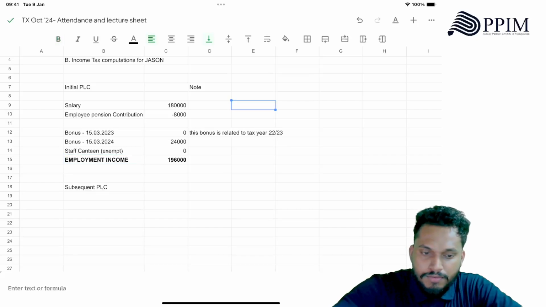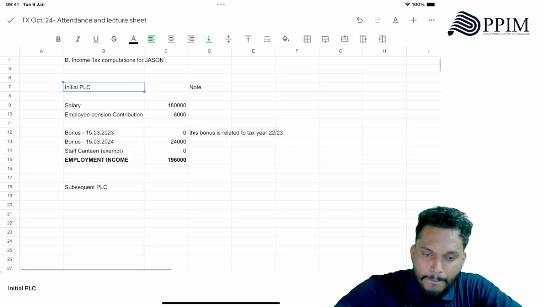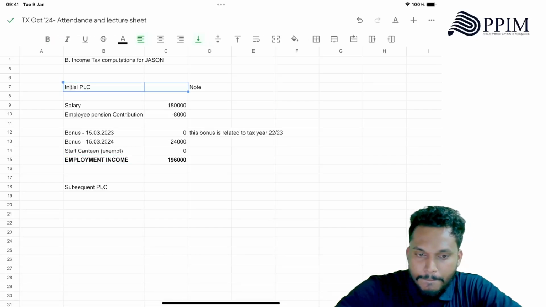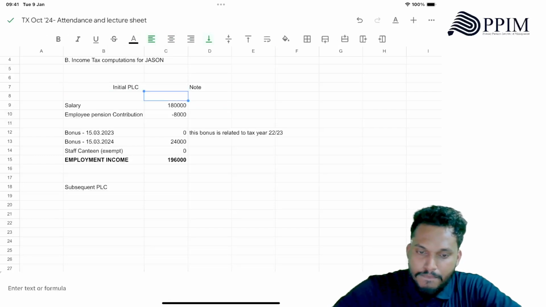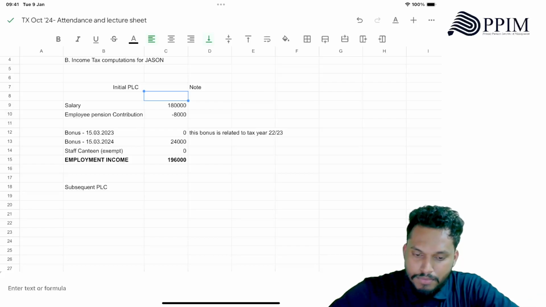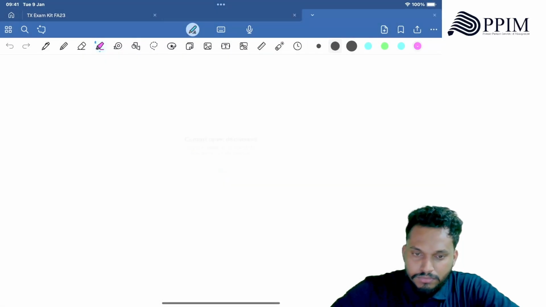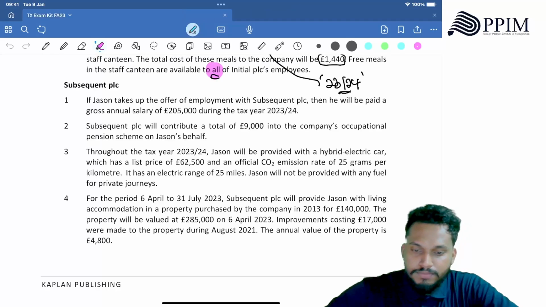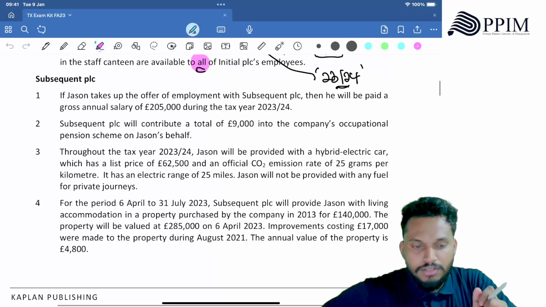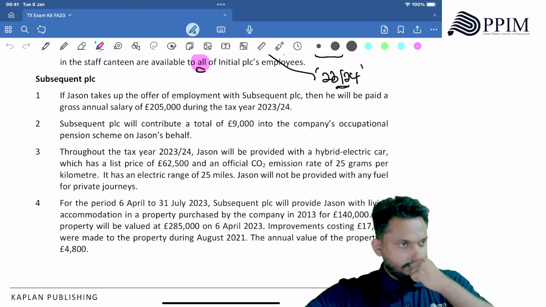What's the doubt you have? I'll go to the question. Shall we do it together? Let's do it together. The first question, we'll do it together.